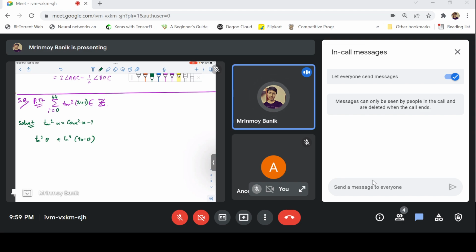Oh, I guess we can use that AP formula for tan. This eraser is so small.